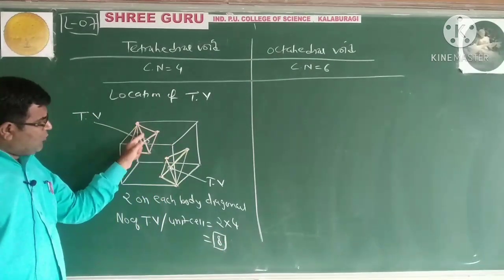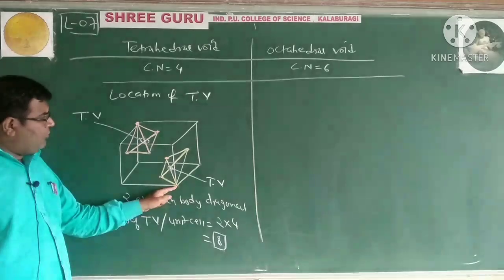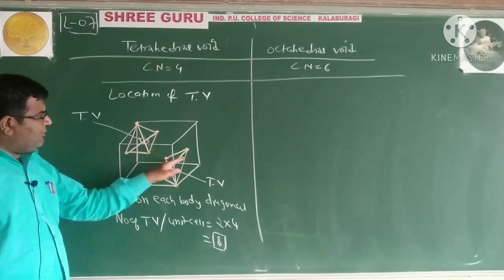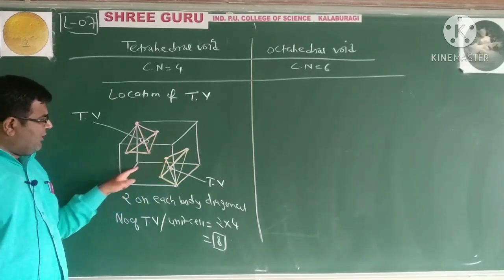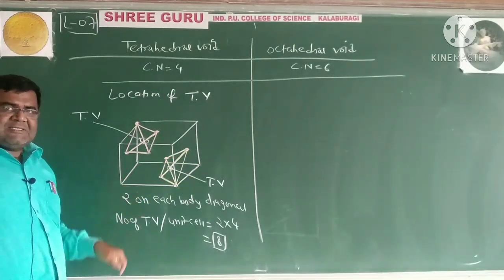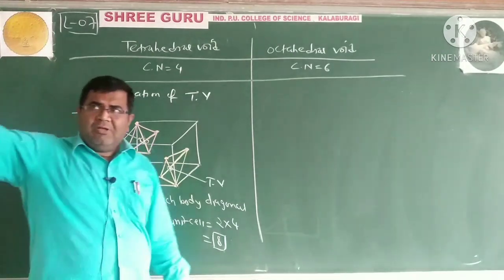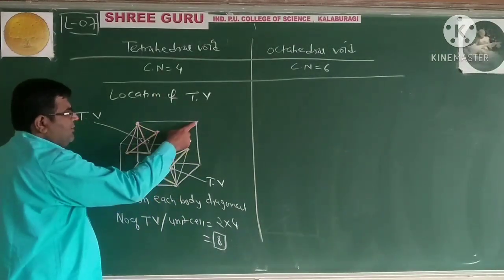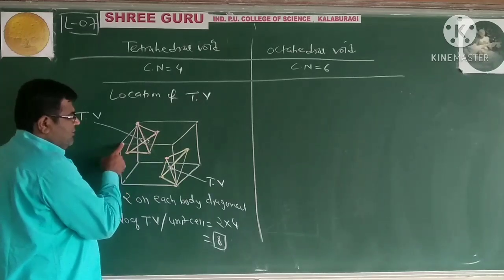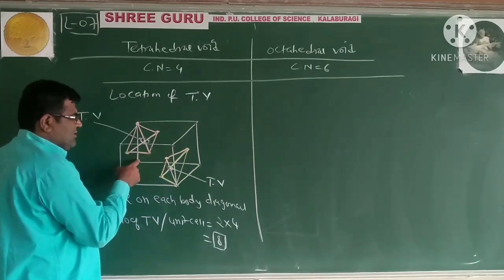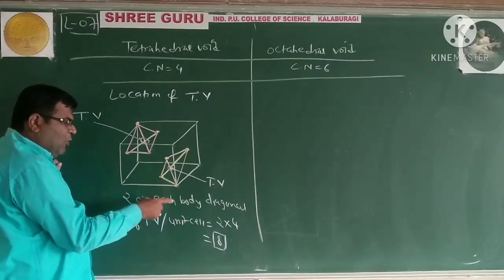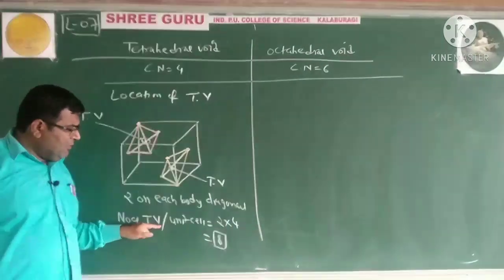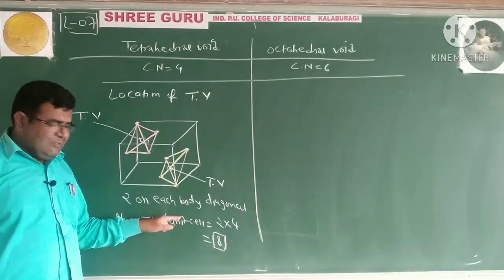For this body diagonal 2, for this 2, for this 2, and for this 2. There are 4 body diagonals because there are 4 such parts, from this to this, this to this, and so on. And on every body diagonal we have 2 such voids. So the number of tetrahedral voids per unit cell is equal to 8.